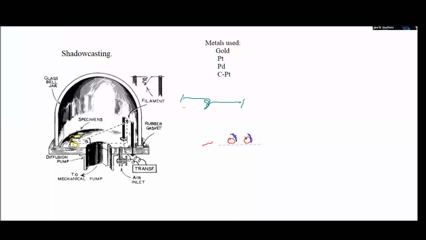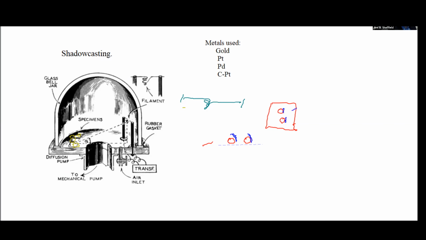And it might build up a little bit on top. And then if I were to look at this from above, so let's now say we're going to be looking down on this grid that has these circular objects on it, spherical objects actually, okay? The coating will end up here and here.